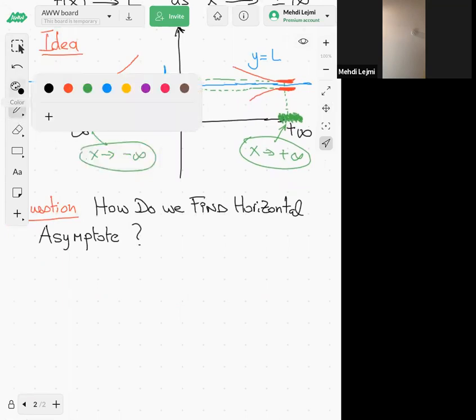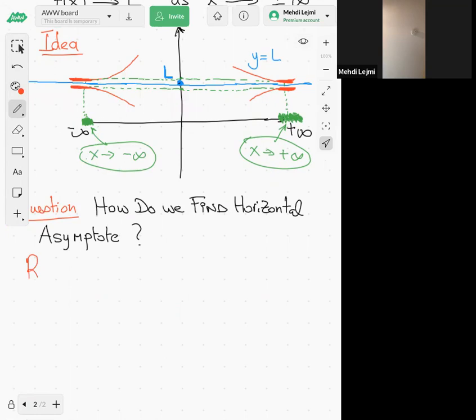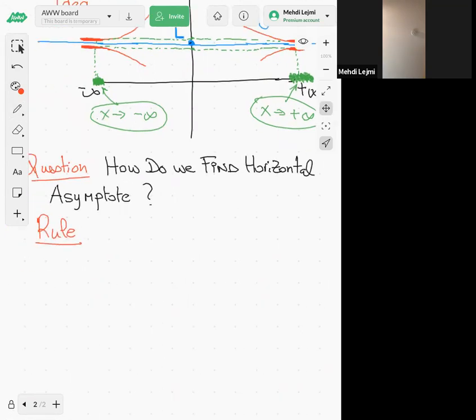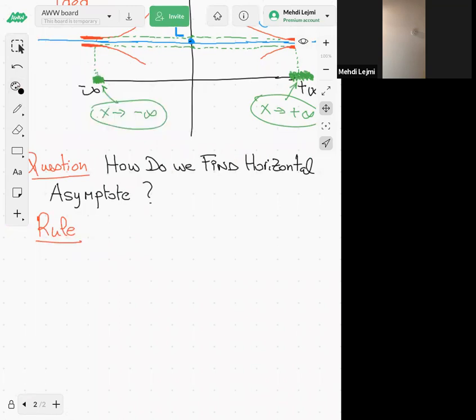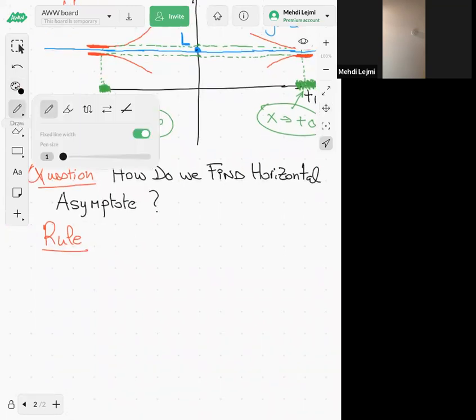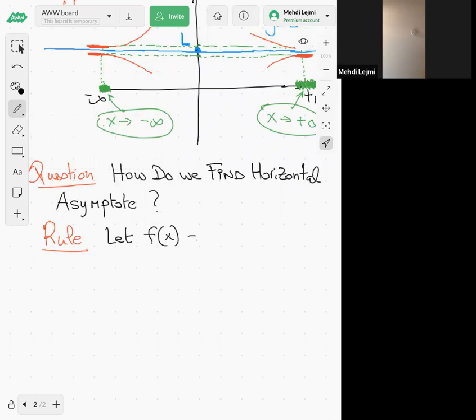So how do we find them? Well, we're going to use the following rule. Let's say you have f of x equal to p of x over q of x, where p and q, of course, are polynomials.